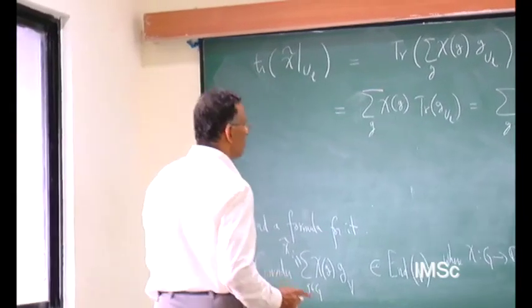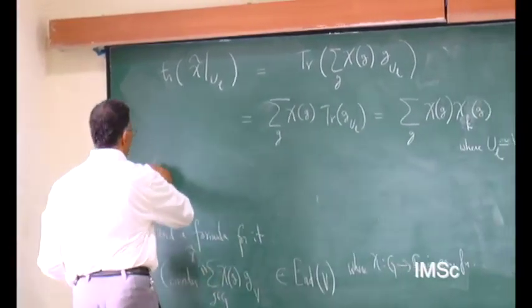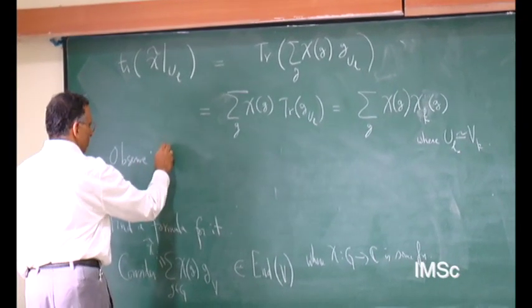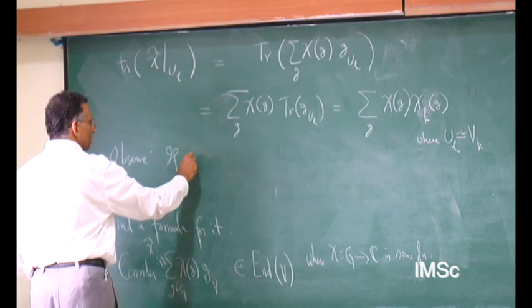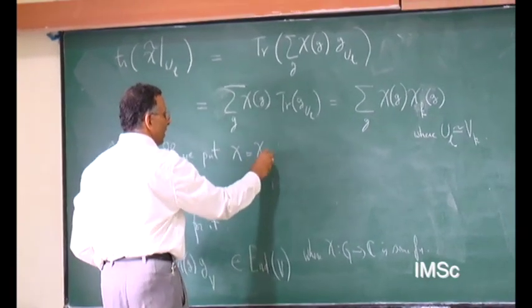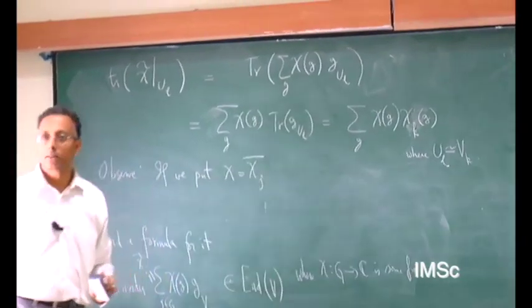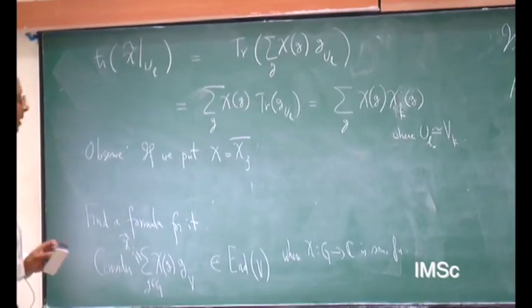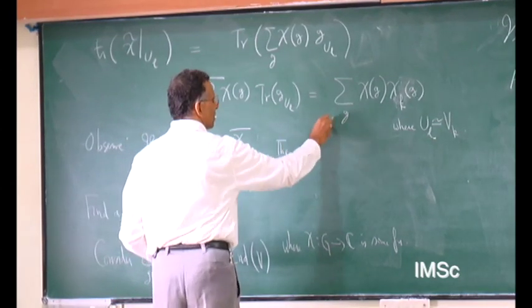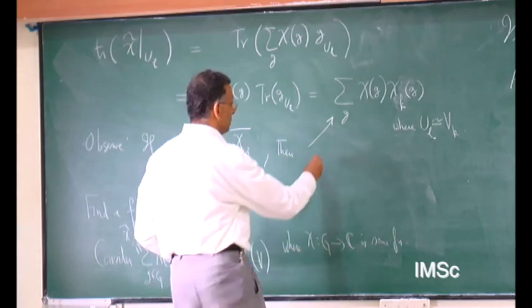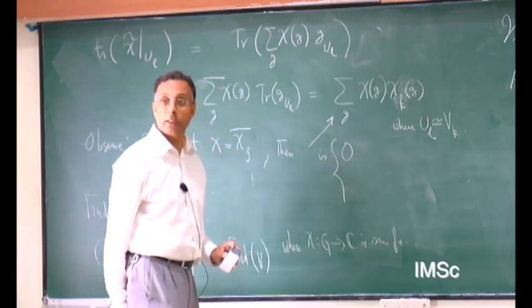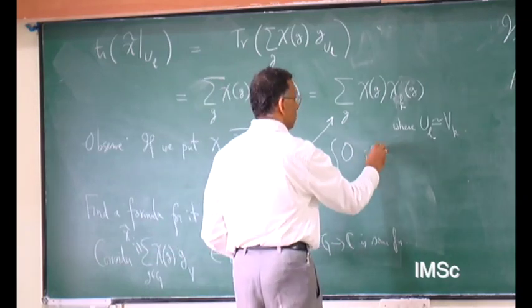Okay, observe, if we put chi equals chi j bar, then this here is 0 if k is not equal to j.